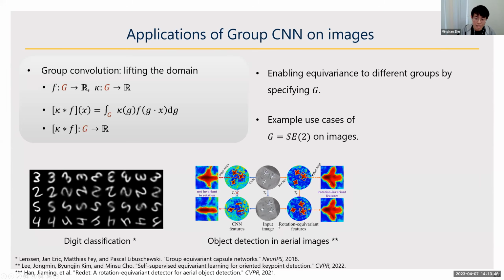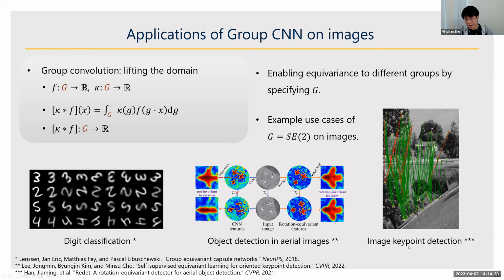For example, object detection in aerial images. When you take images from the sky, a very important characteristic is that the objects can be of arbitrary orientations. In such applications, rotational equivariance can help the network reliably detect the objects on the ground in different orientations.